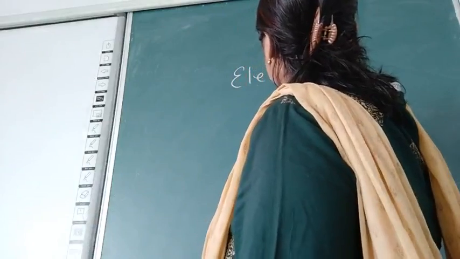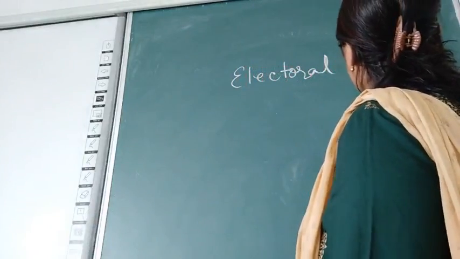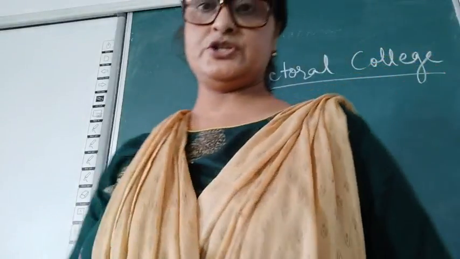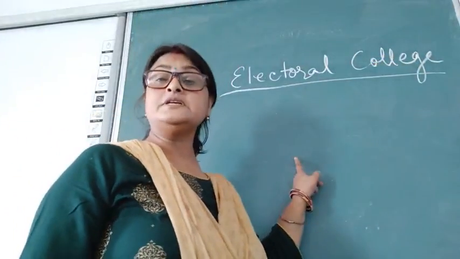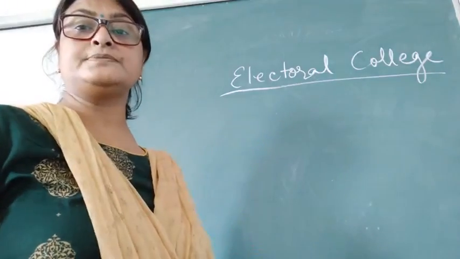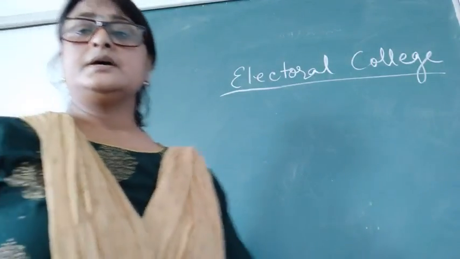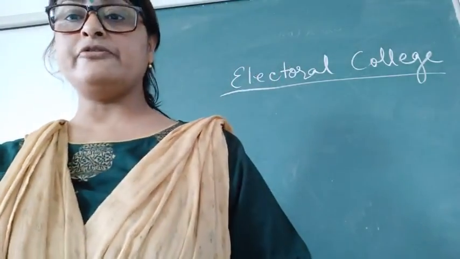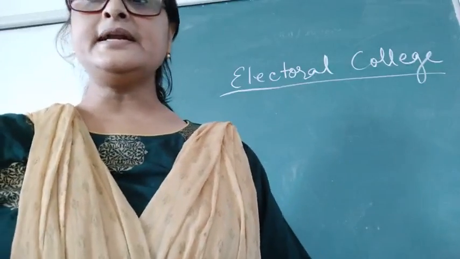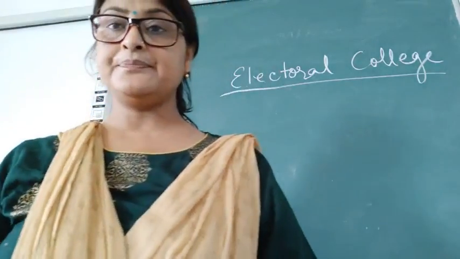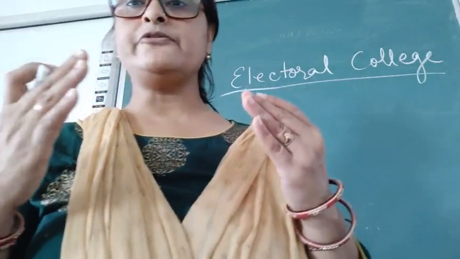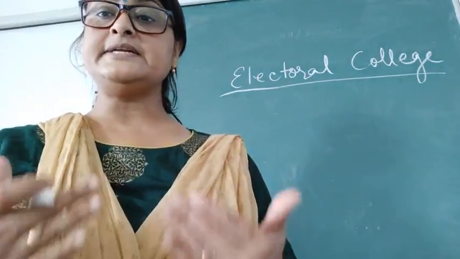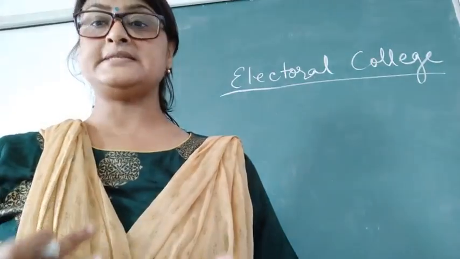Electoral college. Now, who are the members of this electoral college? Now, this electoral college consists of the elected members of Lok Sabha, elected members of Rajya Sabha, and elected members of legislative assemblies of the states.